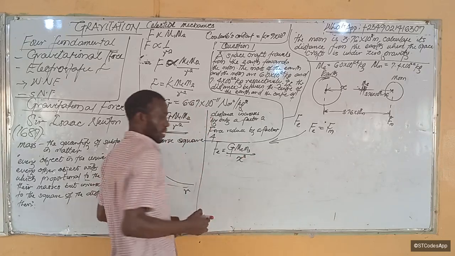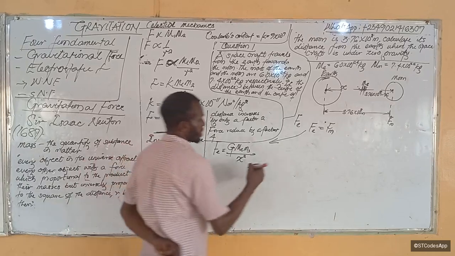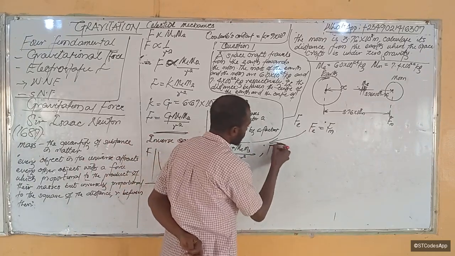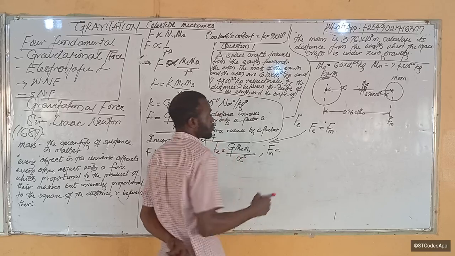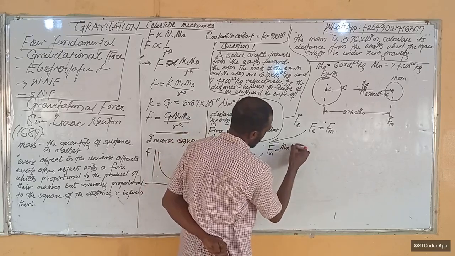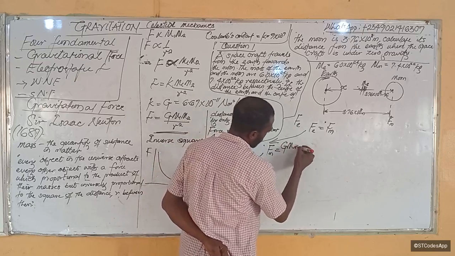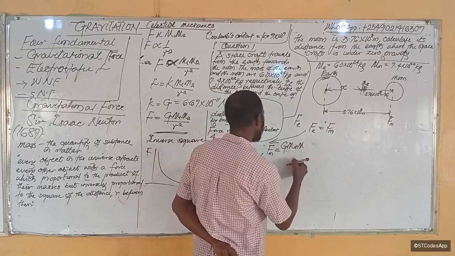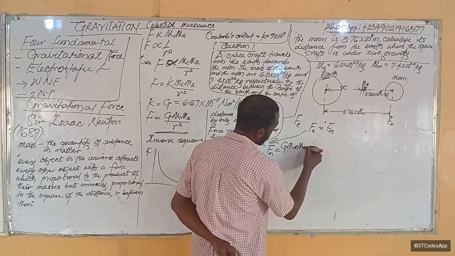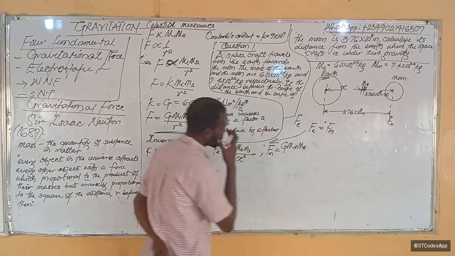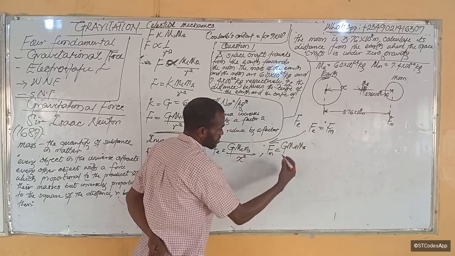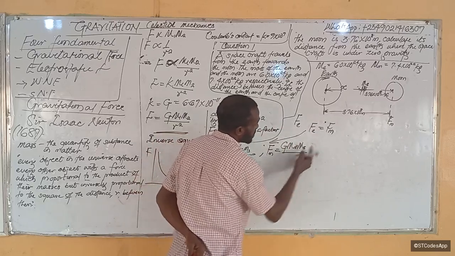Is that clear? Now, how about F sub M, the force of attraction due to the moon? F sub M will be equal to Newton's gravitational constant times the mass of the moon times the mass of the spacecraft, the force of attraction between the spacecraft and the moon, over the distance again.